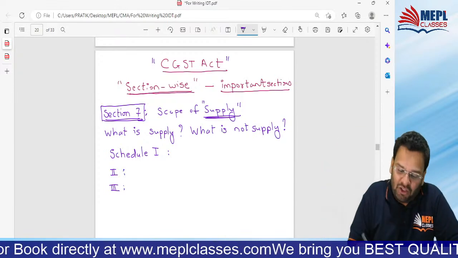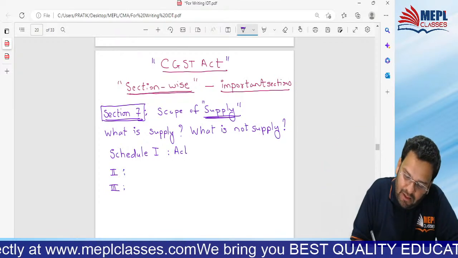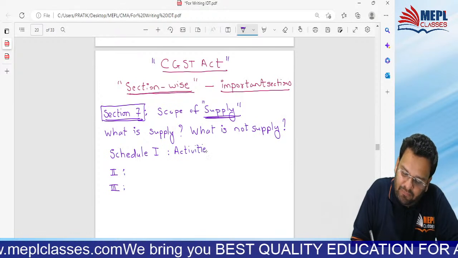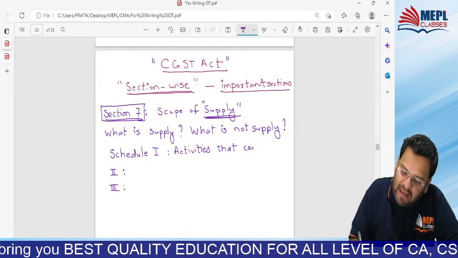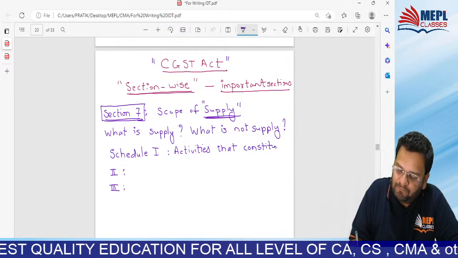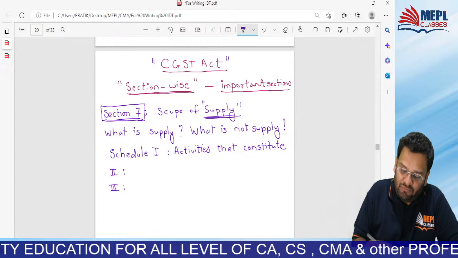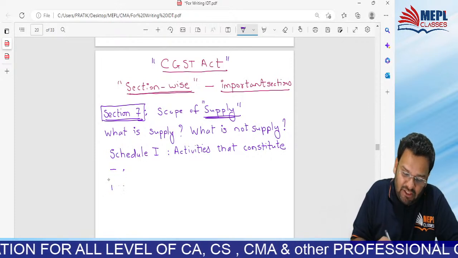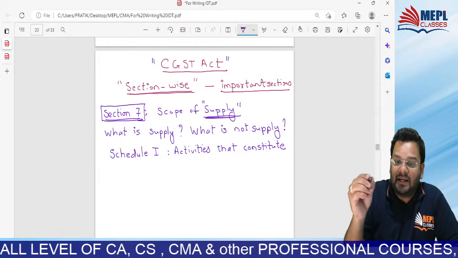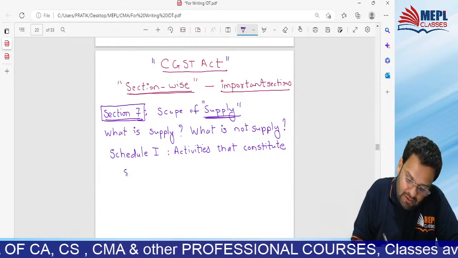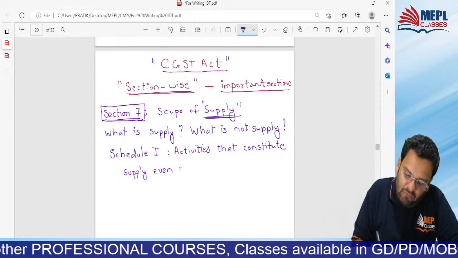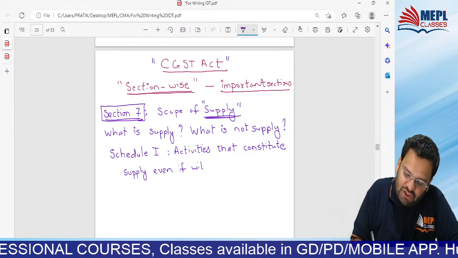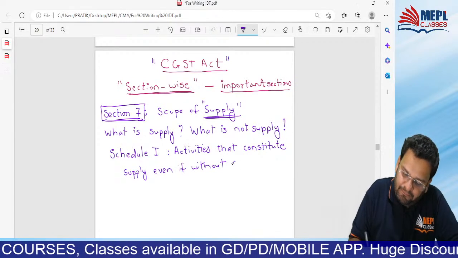So schedule 1 talks about activities that constitute supply even if without consideration. Agreed?